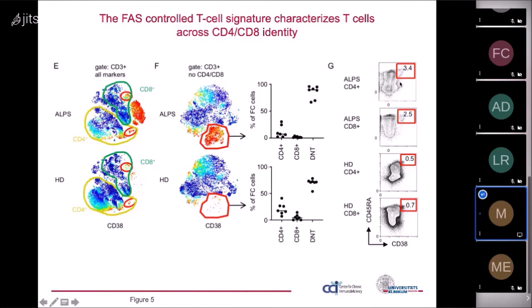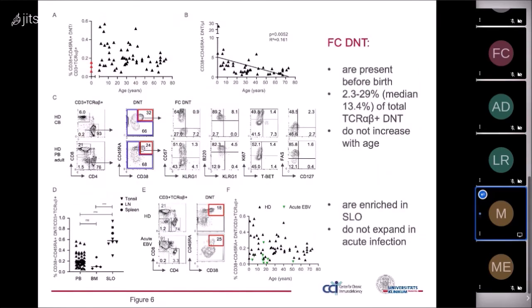Then a couple of pieces of information regarding these Fc-DNT. So we tried to understand them better. We looked for them already in cord blood samples to see if they are present before birth. And the answer was yes.